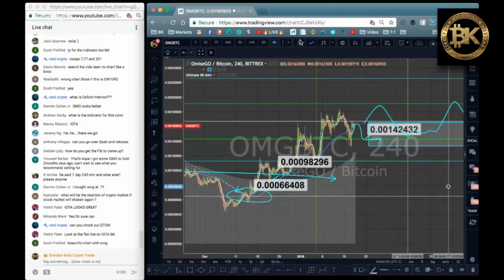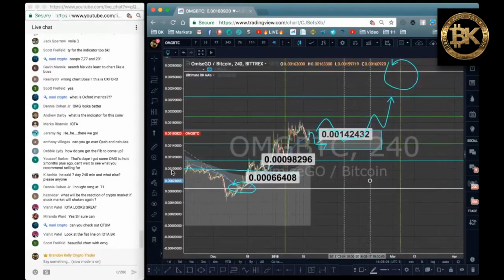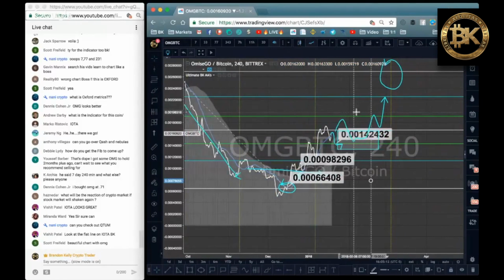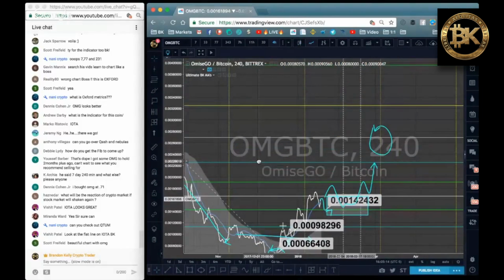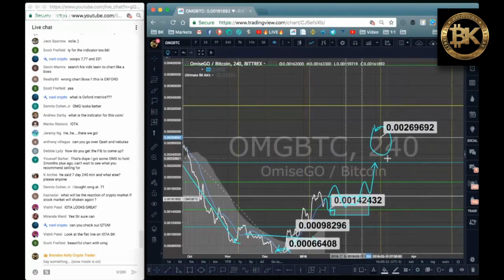If you absolutely wanted to get in the market, it's not a bad coin, you know, just to buy and hold for the next 4 weeks and make some real deal money on it, right? So that is OmiseGO, again, a beautiful coin, which should get all the way up to 25, 26, right?